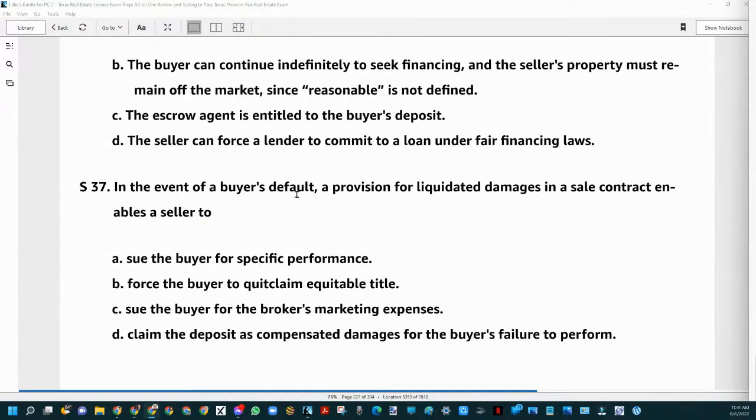Okay, buyer defaults. Provision for liquidated damages. A, sue the buyer for specific performance. B, force the buyer to quit claim equitable title. C, sue the buyer for the brokerage marketing expenses. Or D, claim the deposit as compensated damages for the buyer's failure to perform.